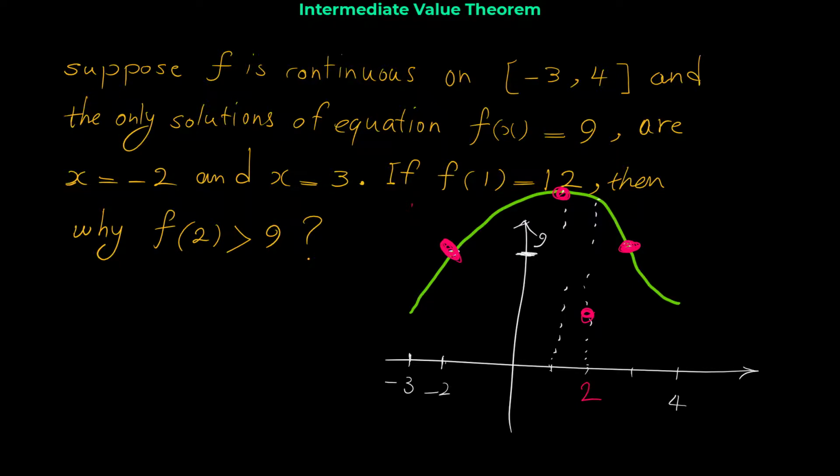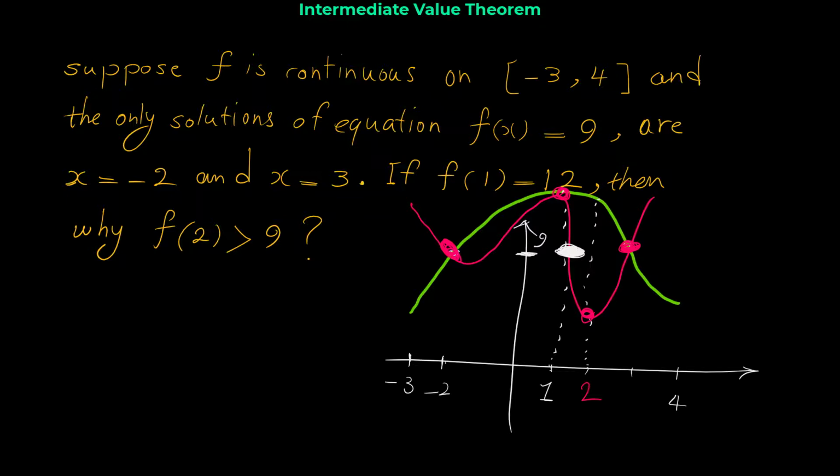Somewhere here between 1 and 2, your graph, as you can see, should pass through a point where f of x equals 9. As you can see here, f of x is 9 again. But we have supposed about f that f of x equals 9 only happens at negative 2 and 3.